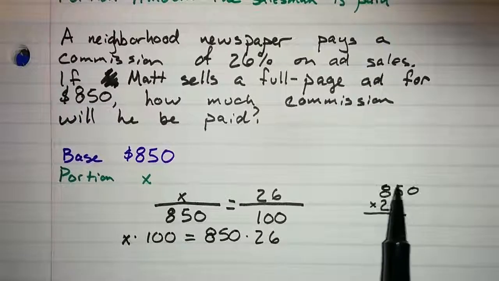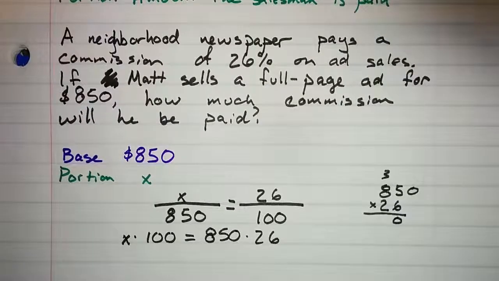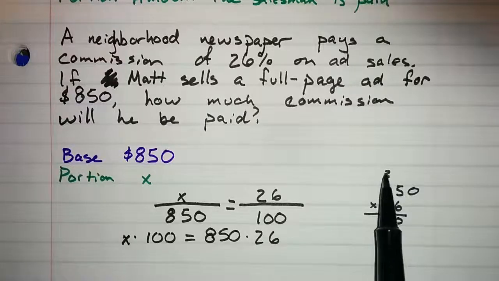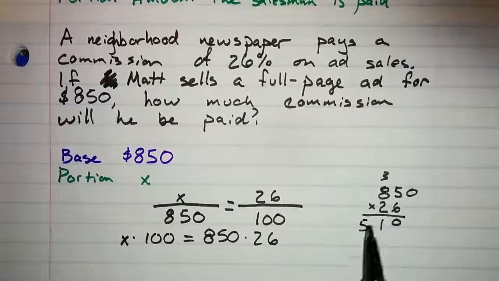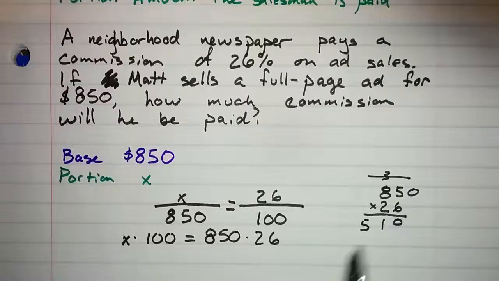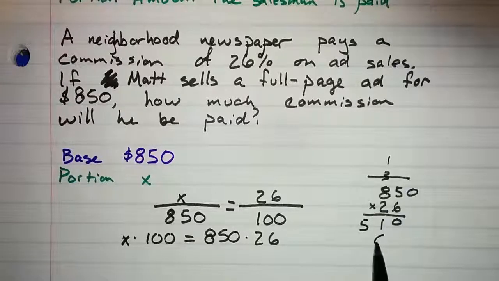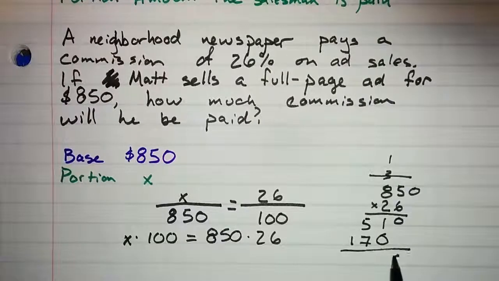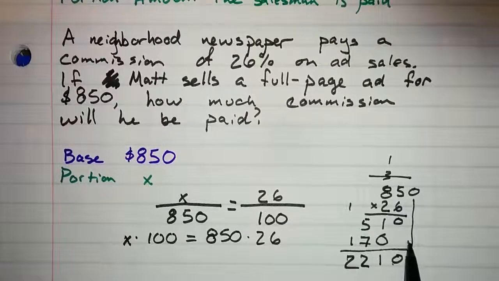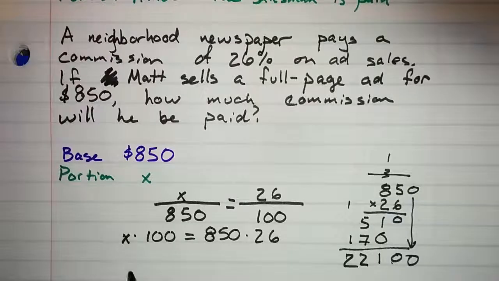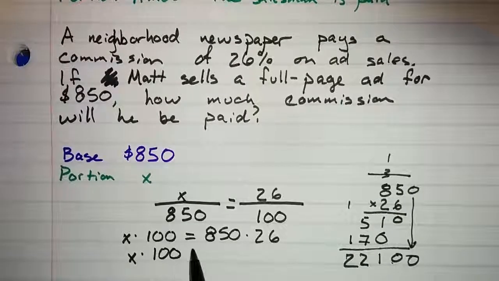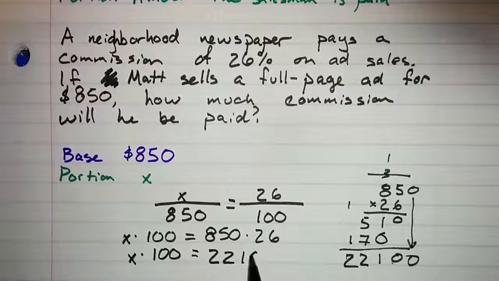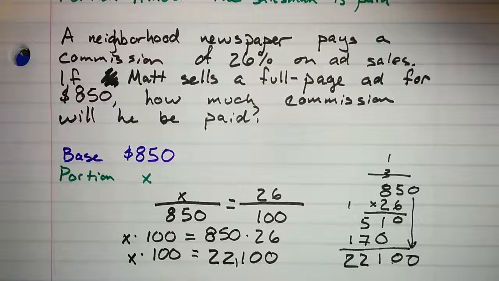Multiplication time. 6 times 5 is 30. 6 times 8 is 48, 49, 50, 51. 5 times 2 is 10. 8 times 2 is 16, 17. Add them up. 1, 12, 2. Bring down the 0. X times 100 is 22,100.